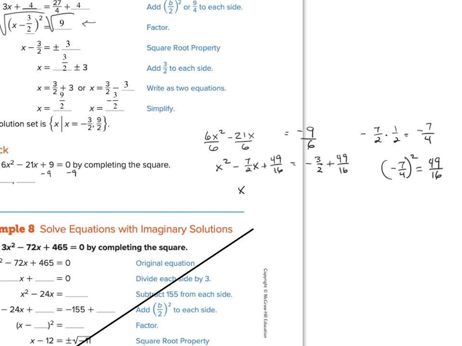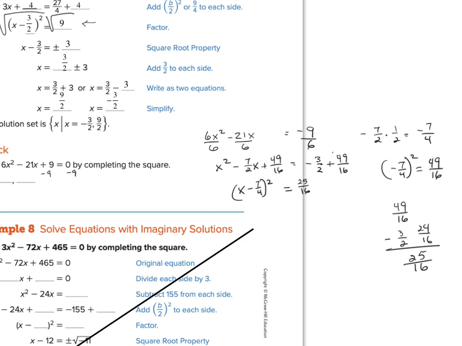And then when we factor this, we know then that becomes x minus 7/4 squared is equal to, when I combine these, let's see here, 49 over 16 negative 3/2, which is the same thing as 24. So that should be 25 over 16.